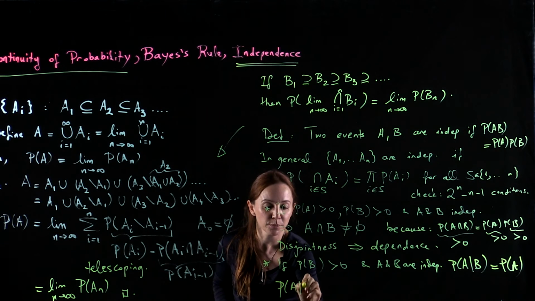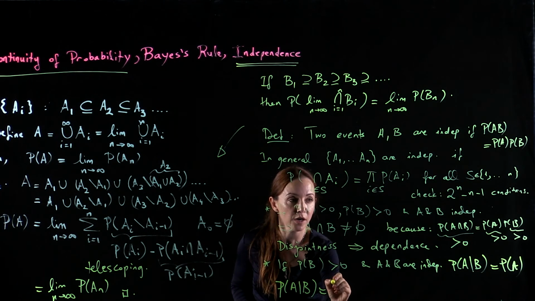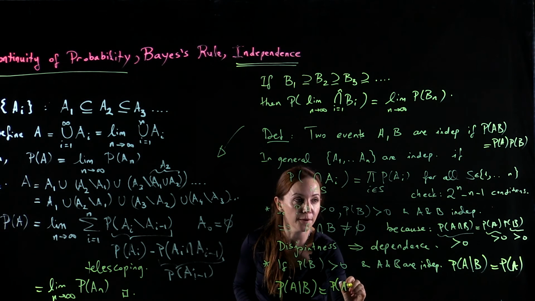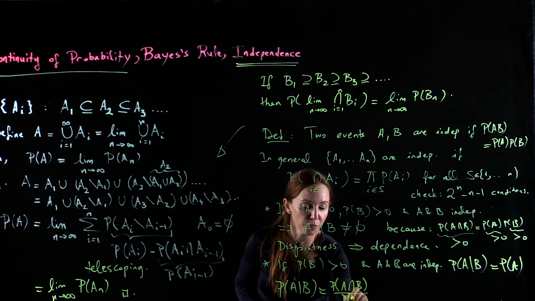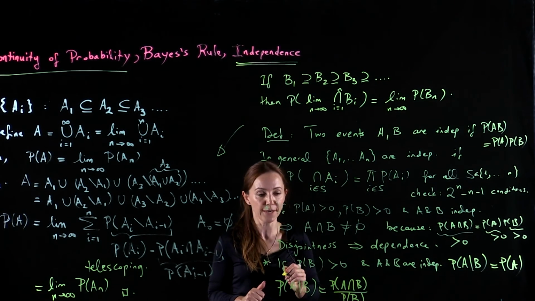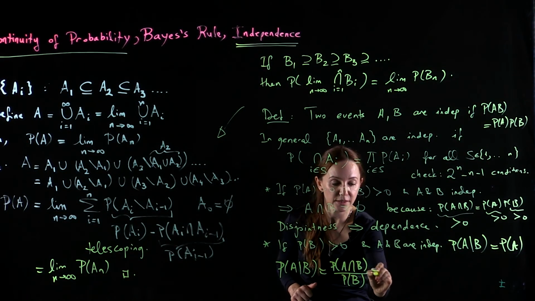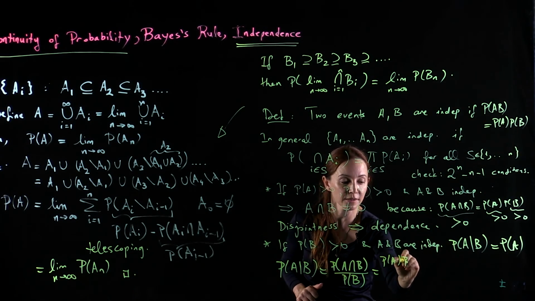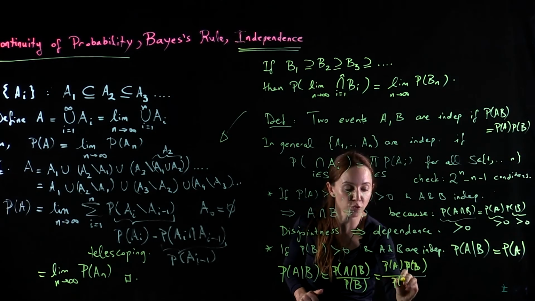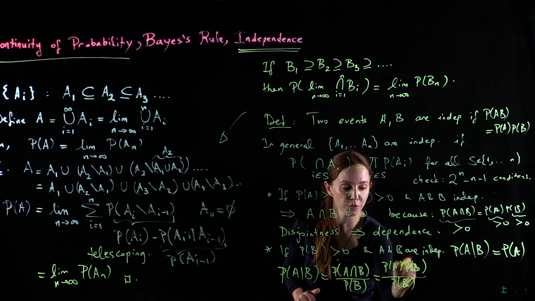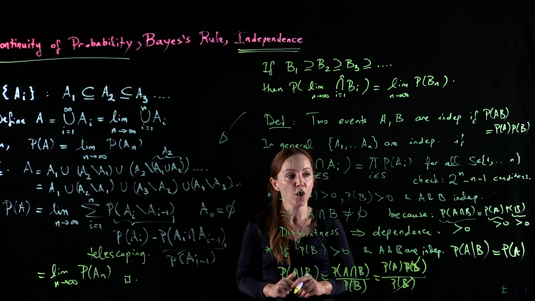Probability of A given B is equal to the probability of A intersection B divided by the probability of B. Well, if they are independent, this breaks down into a product, and we can always cancel out P of B because it's not 0. So this is true.